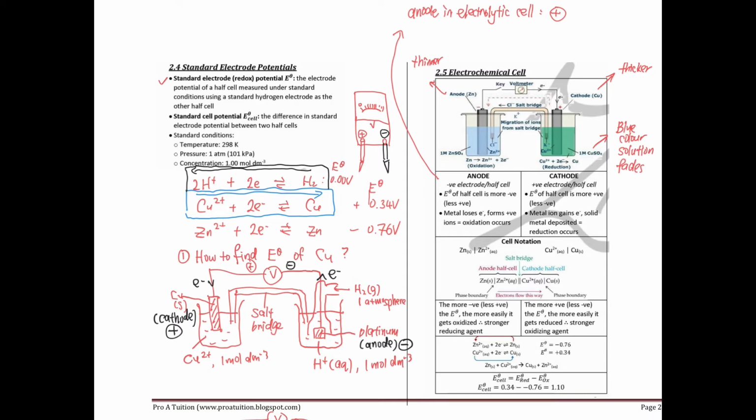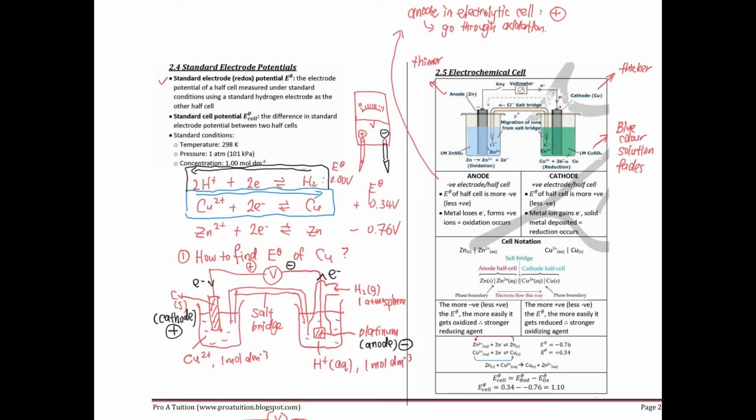Okay, so how about anode in an electrolytic cell? So it is positive, that is opposite from this one, but it goes through oxidation also. Yeah, that is the similarity. So you can see something same and something opposite. Oxidation is the same.